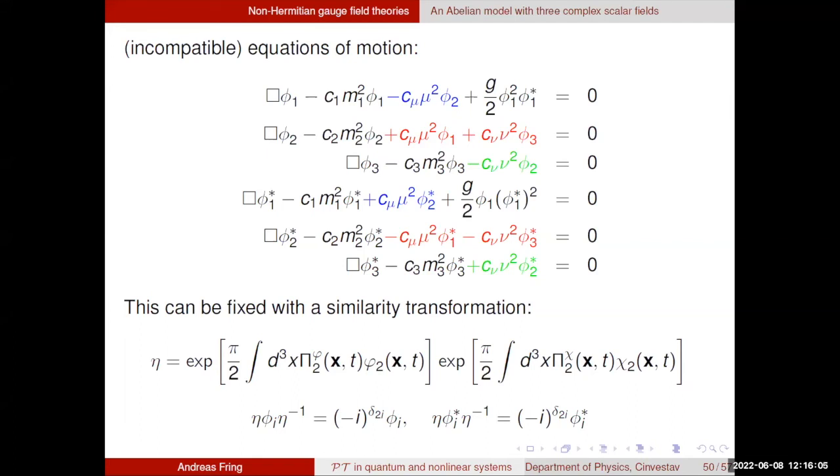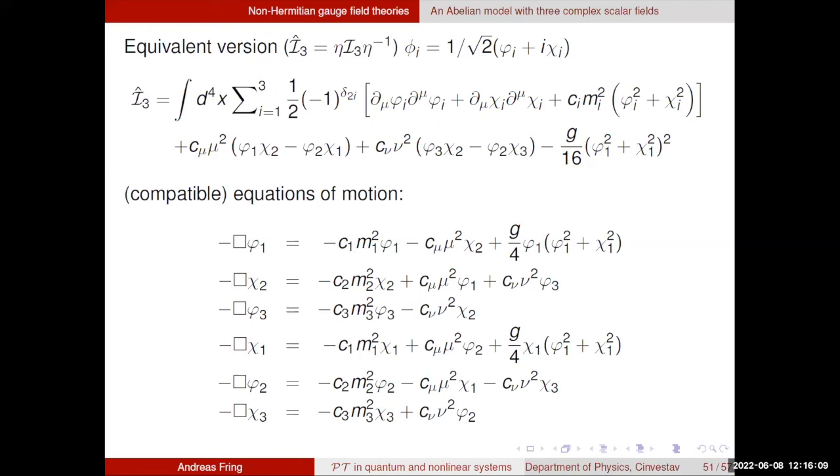So here you saw there are some i's maybe missing. And this is exactly what happens. This becomes now compatible. And here I also split up this field into real and imaginary parts. So I'm just dealing now with real fields. And then we have here these 6 equations of motions, which are perfectly well defined.